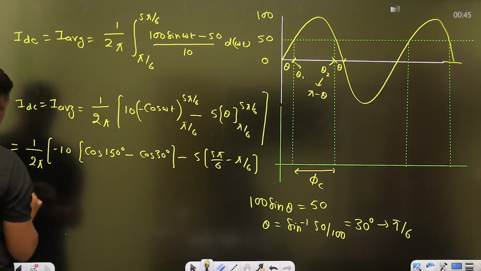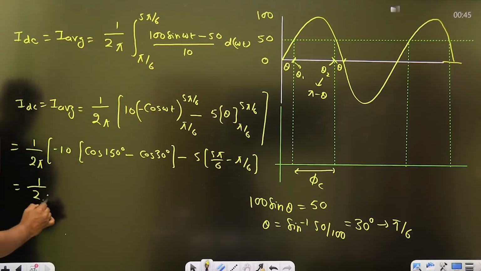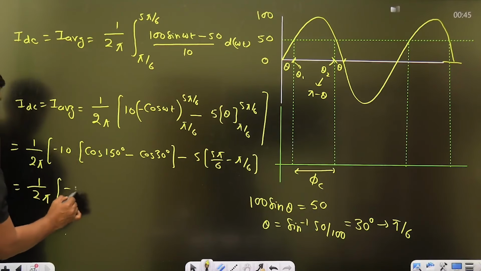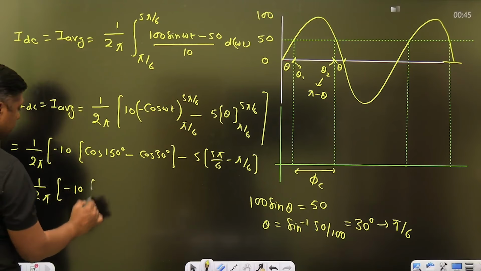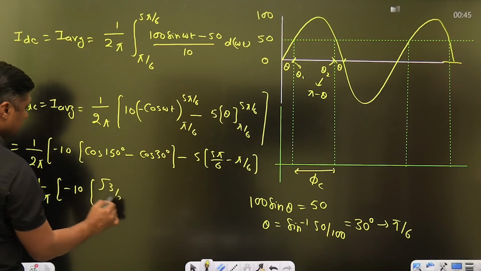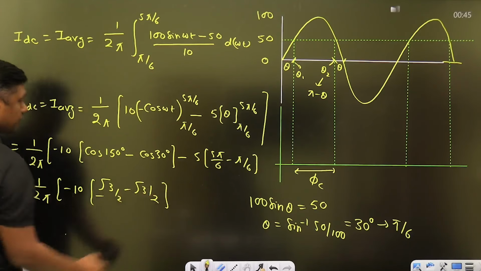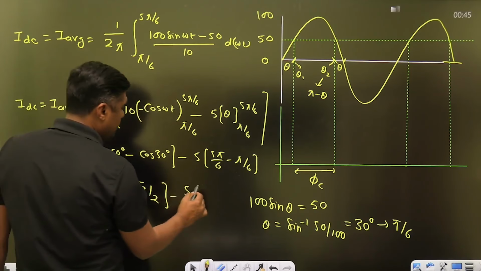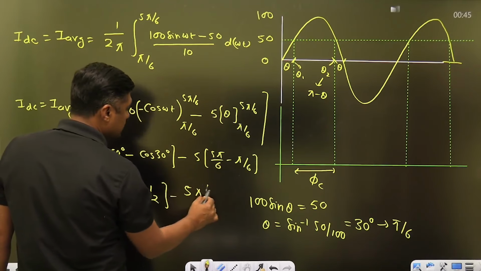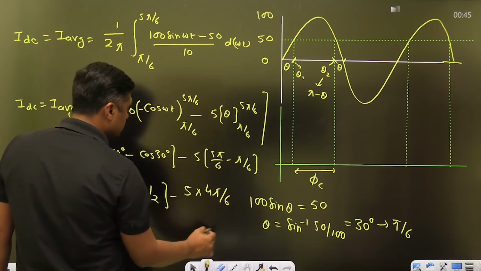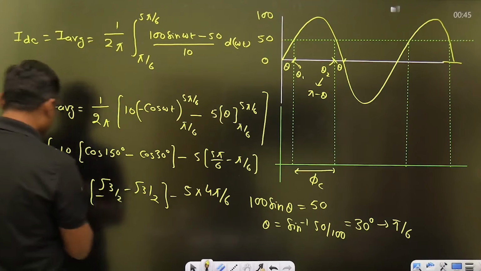Now 1 by 2 pi, minus 10. This is nothing but root 3 by 2. Then minus sign, minus root 3 by 2, this is also root 3 by 2, minus 5 into 4 pi by 6, and that is the common, guys.